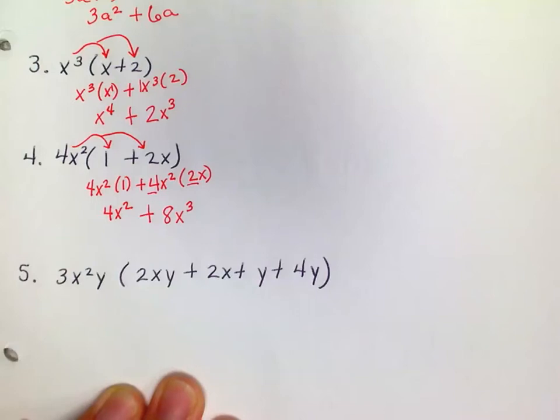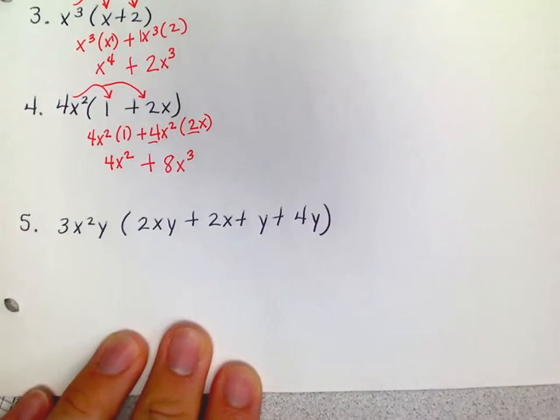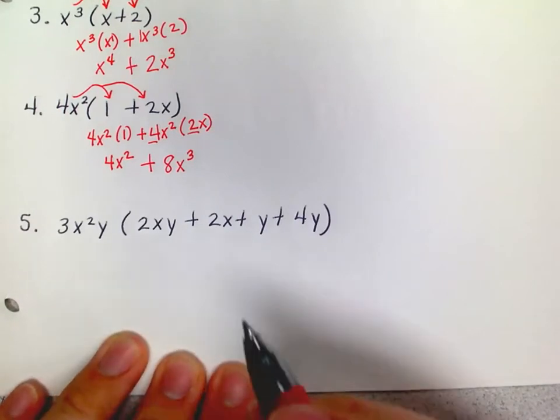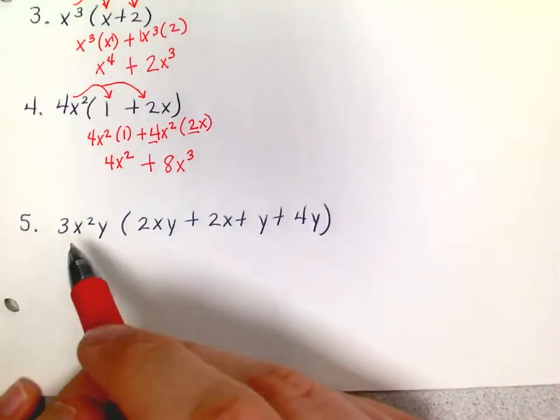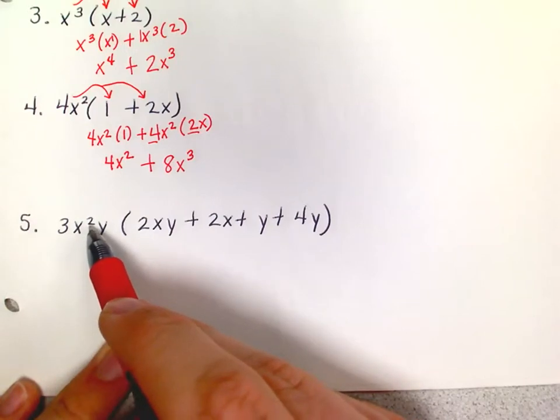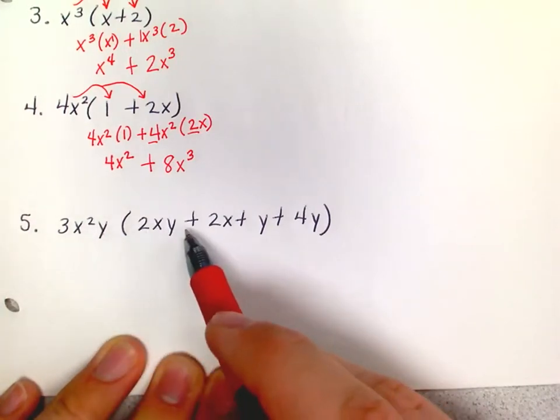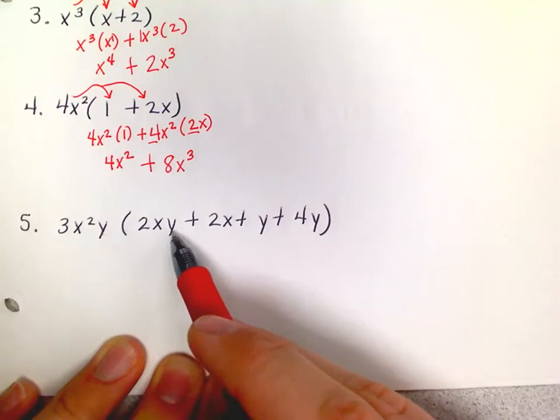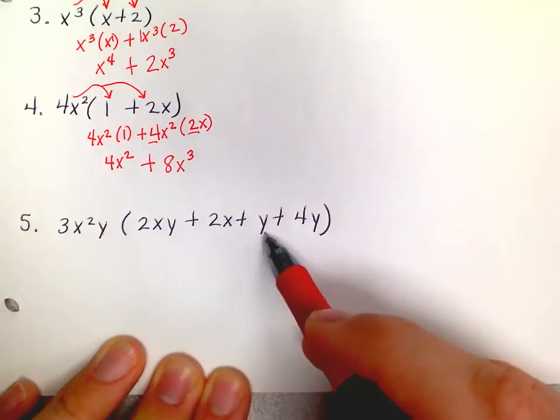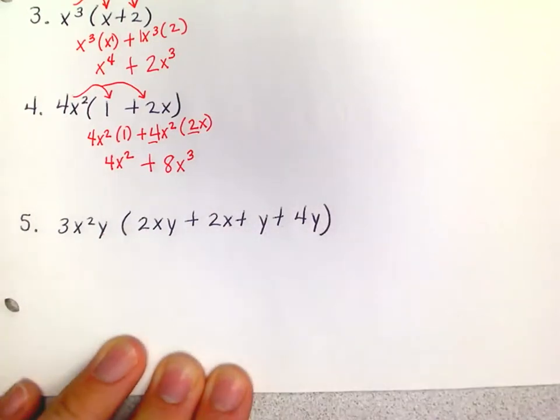Okay, so let's finally look at example 5. This one's a bit more involved, but I think we can work through it pretty well. We have 3x squared y times the quantity 2xy plus 2x plus y plus 4y.